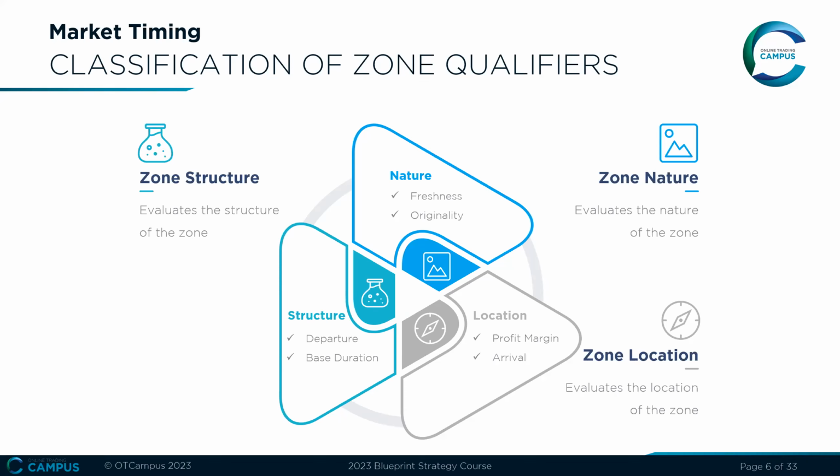But because this is an all-encompassing strategy course, I'm also trying to give you a glimpse of the future, where this is going to go, because we're not all going to trade exactly the same zones at the same time, right? It's just not how it works. If it was like that, all of us would always have exactly the same trades at the same time. And I just never, ever see that, right?